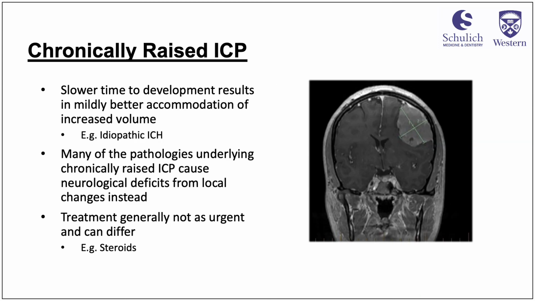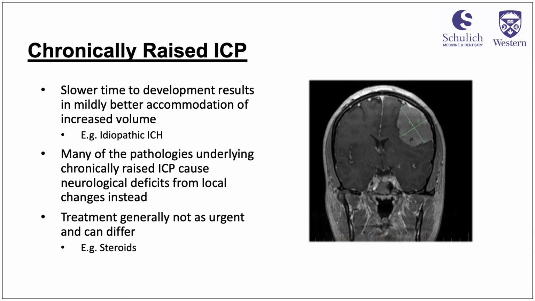When we get to more of a chronically raised ICP, here the increase in the pressure has occurred over time. And so generally it's thought that there's better accommodation from the increased volume. So for instance, with a tumor that develops slowly, there is still time for the tissues to adapt to this.